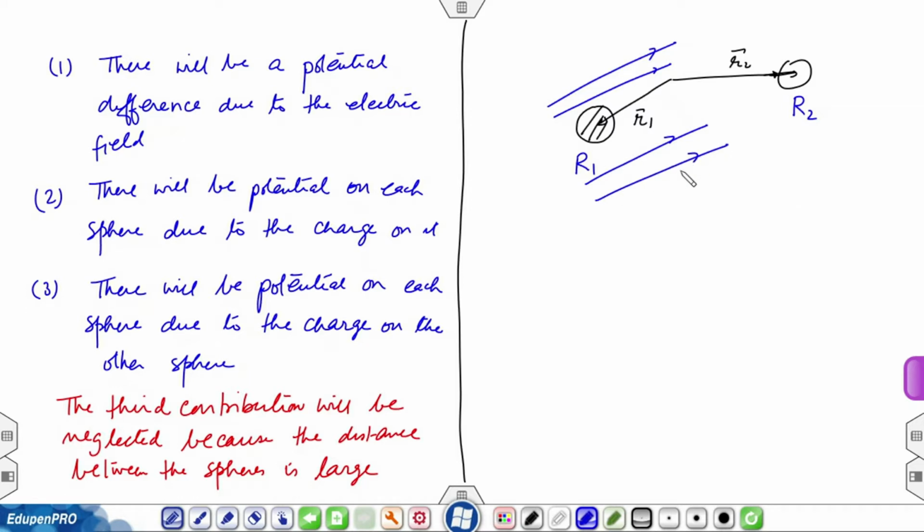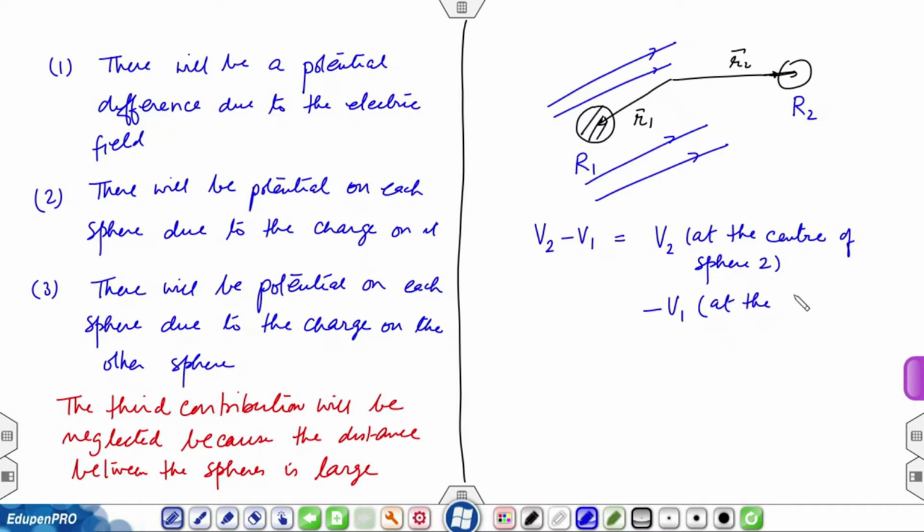Let us calculate delta V due to the electric field. So, I am going to calculate V at 2 minus V at 1, which is equal to V2 at the center of sphere 2 minus V1 at the center of sphere 1.